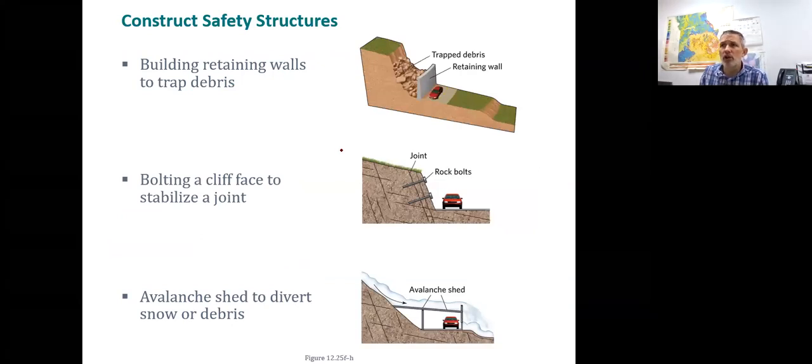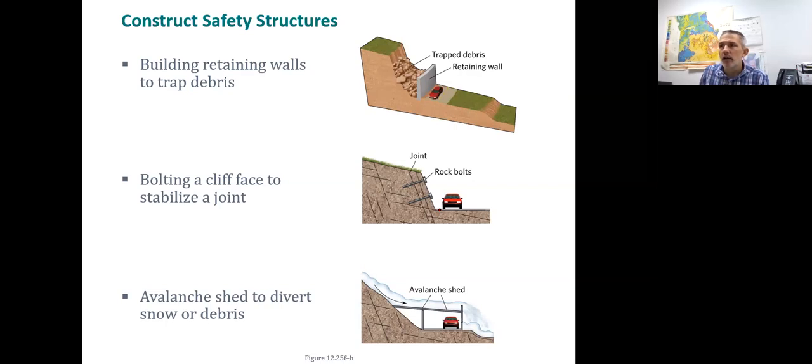Some other things that you can do retroactively is to put in a retention wall. This retention wall would be basically a pile of concrete, but it would trap any of this debris from potentially going onto these roads. I mentioned those rock bolts. Those rock bolts would be acting like those vegetation anchors. Putting in an avalanche shield.